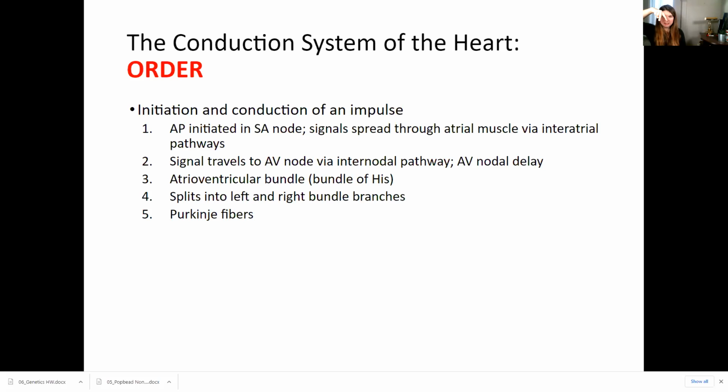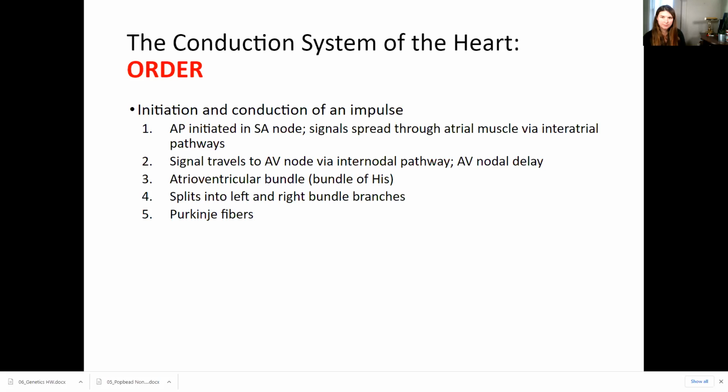This then splits into two branches, the right and left bundle branches, going to our right and left ventricles. They go all the way down to the apex of the heart, the pointy bit at the bottom, before they give off the Purkinje fibers, which wrap up and around. The electrical signal travels in this order in a normally functioning heart.